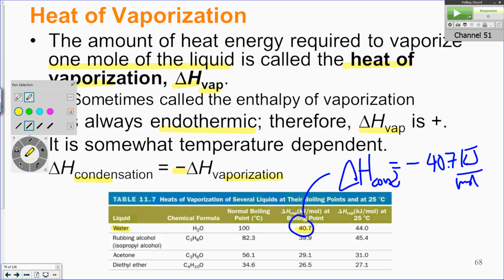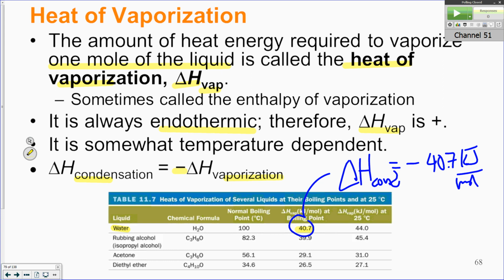Okay, so if we do a comparison of some of the different temperatures, that's where it becomes dependent on what the intermolecular forces are. Looking at water, how much it changes from room temperature versus its normal boiling point: its normal boiling point is 100 degrees, and at that temperature it's 40.7. Closer to room temperature, 25 degrees, it increases to 44.